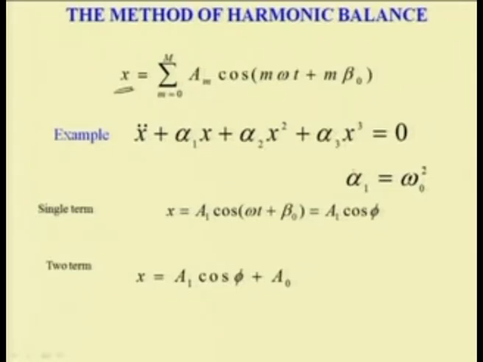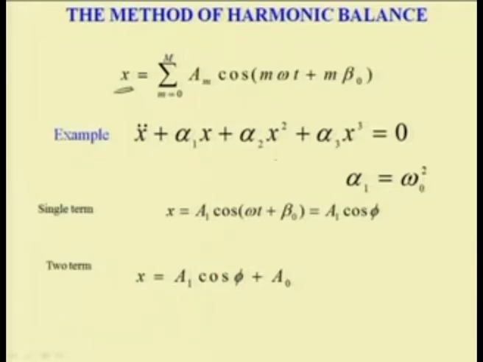So, for example, let us take the example we have solved for the Lindstedt-Poincare method of multiple scales and the straightforward expansion method. This is the equation, that is x double dot plus alpha 1 x plus alpha 2 x square plus alpha 3 x cube equal to 0, where alpha 1 we have taken to be omega 0 square.